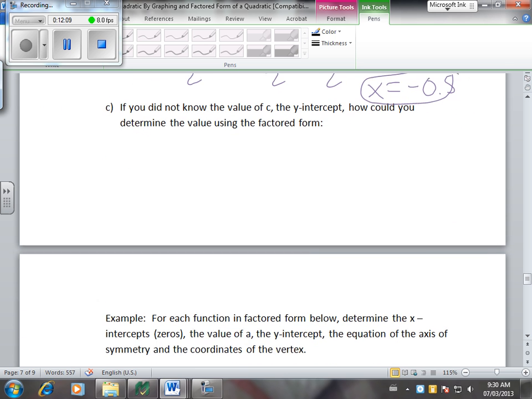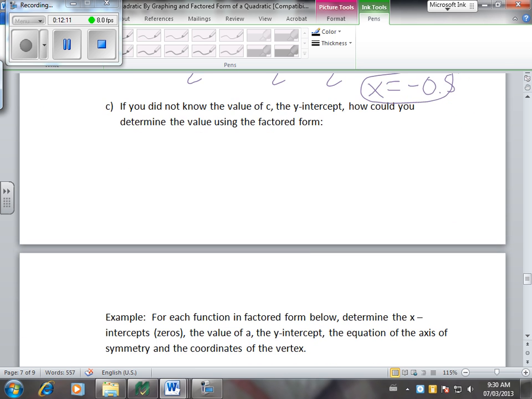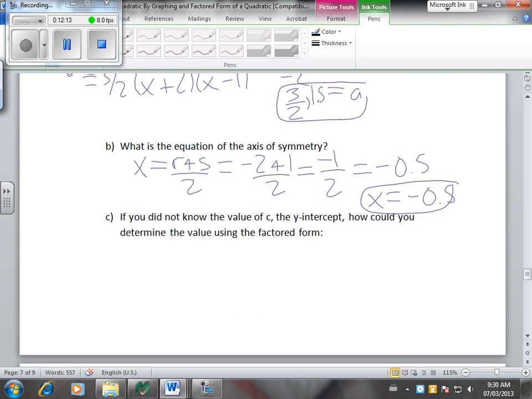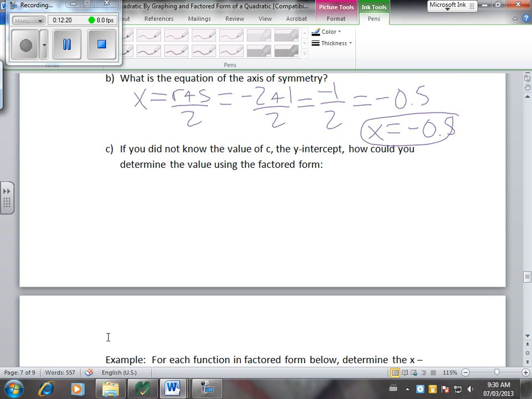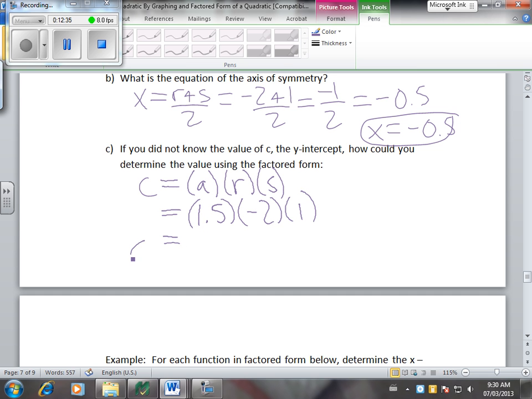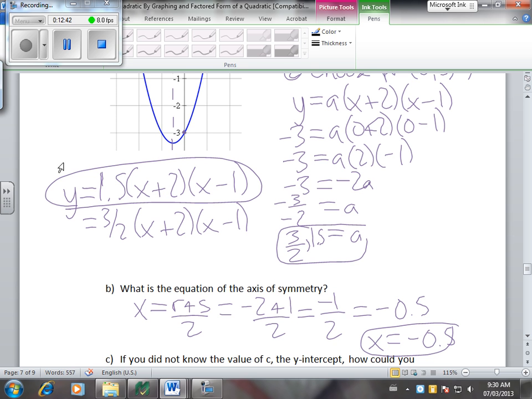And if we didn't know the value of c, how could we find it, knowing that we now have our factored form? If you remember from a couple pages ago, c equals a times r times s. So we can do 1.5 times negative 2 times 1, and we get that c equals negative 3. And let's check if our y-intercept is negative 3, and it is.